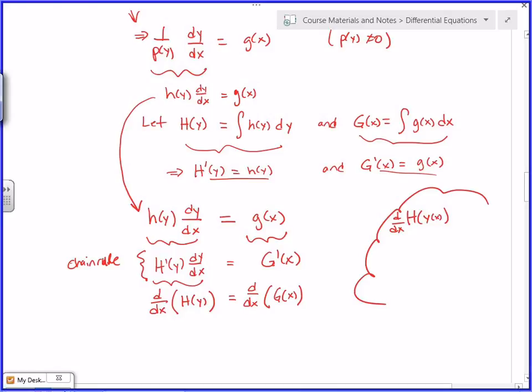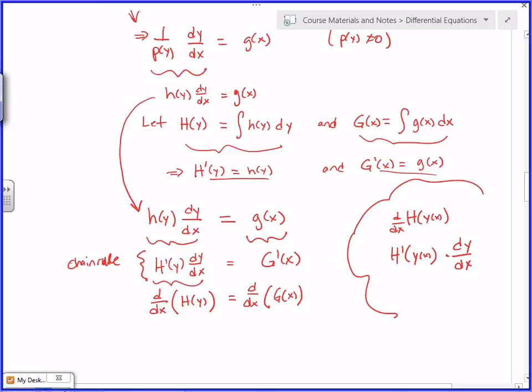H prime of y. You take the derivative of the outside with respect to y, h prime of y of x, times the derivative of what's inside, which is y prime or dy dx. Notice I get h prime of y dy dx.